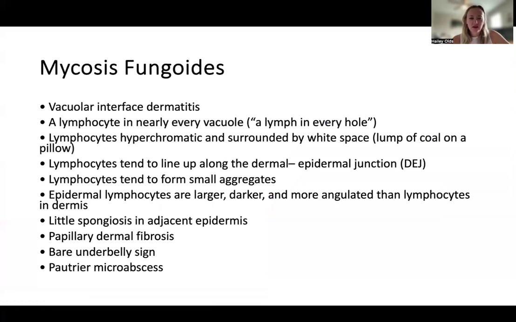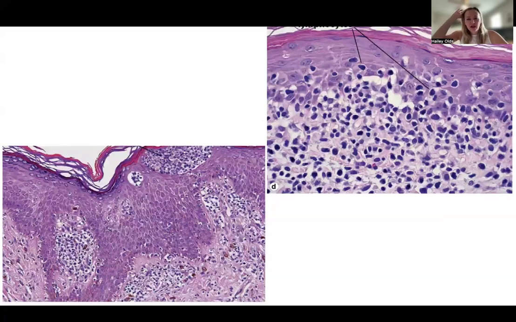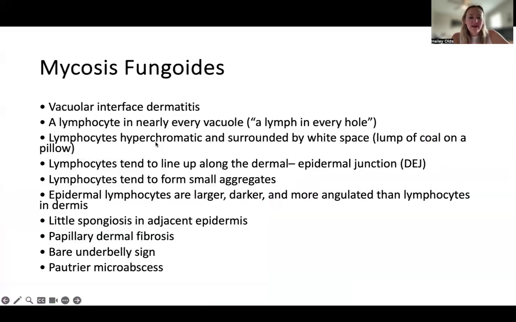Sorry, I said lichenoid, but it's really more vacuolar, because it's less of a band-like infiltrate and more like vacuolization of the basal cell layer. And it's these atypical lymphocytes, like I said. They line up along the DEJ and then form small aggregates, and those are called Pautrier microabscesses when they're in the epidermis itself.